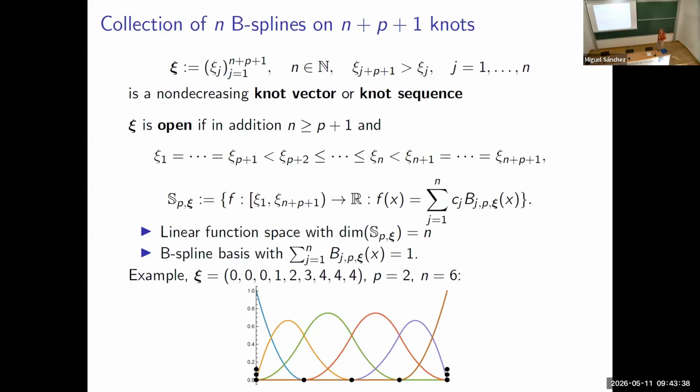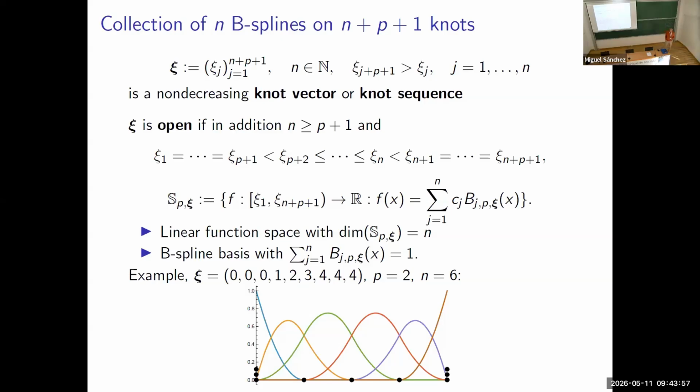But you need a collection of linear combinations of B-splines to do anything. So suppose now that instead of having p plus 2 knots for one B-spline, we have n plus p plus 1 knots.